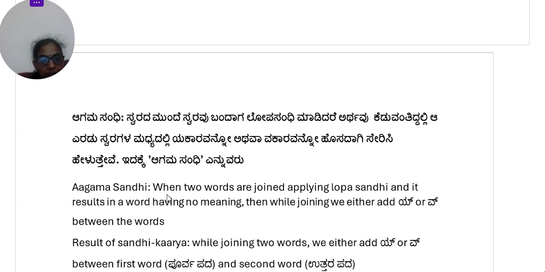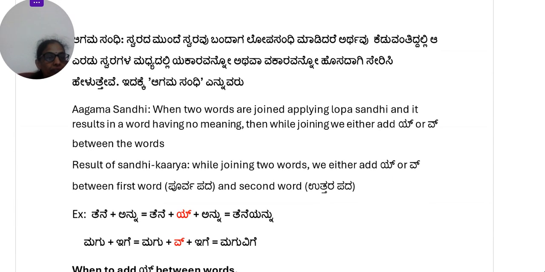So let's look at the definition here in English. When two words are joined applying Lopa Sandhi and it results in a word having no meaning, then while joining we either add ya or va in between the words. So what is the result of Sandhi Karya? While joining the two words, we either add ya or va in between the first word, that is Purva Pada, and the Uttara Pada.